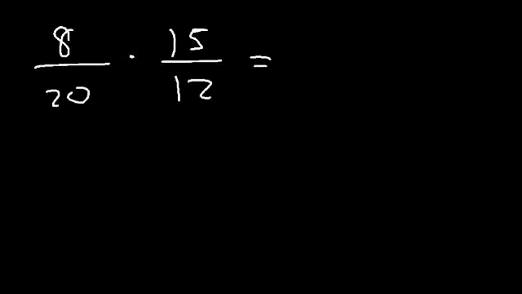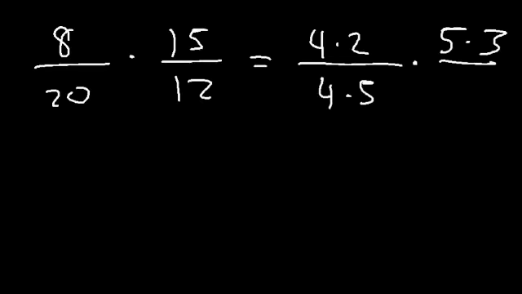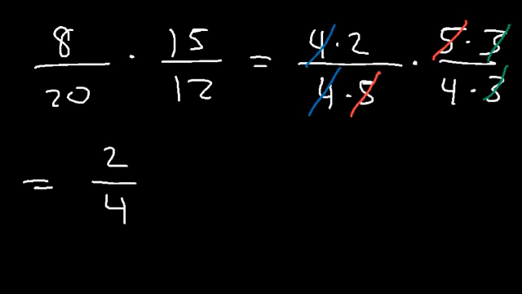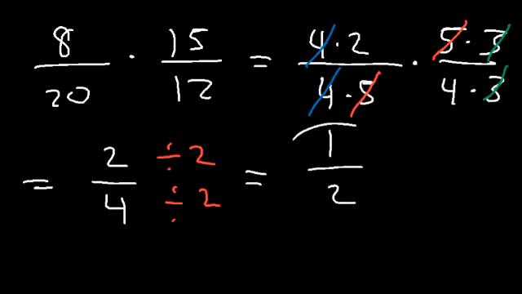So 8, we can rewrite as 4 times 2, and 20 is 4 times 5. 15 is 5 times 3, and 12 is 4 times 3. So notice that we can cancel a 5, and we can cancel a 4, and we can cancel a 3. So right now what we have is 2 divided by 4, which we can reduce further if we divide both numbers by 2. So then the final answer is 1/2.